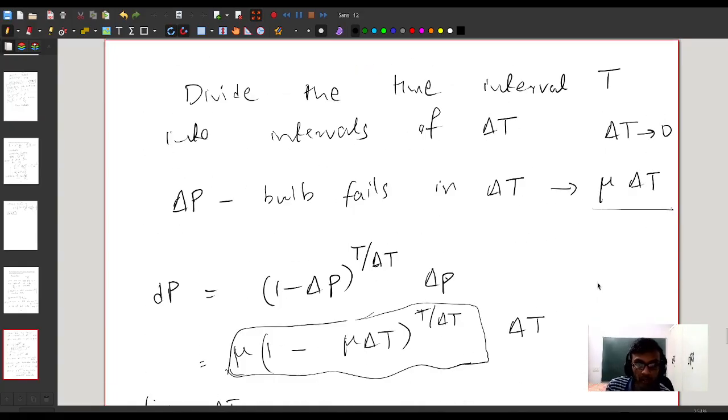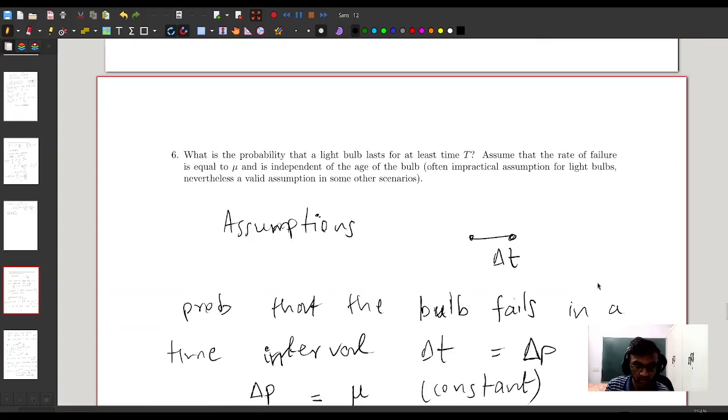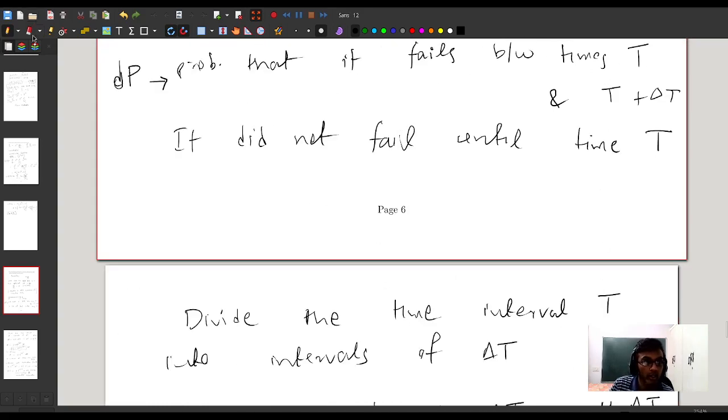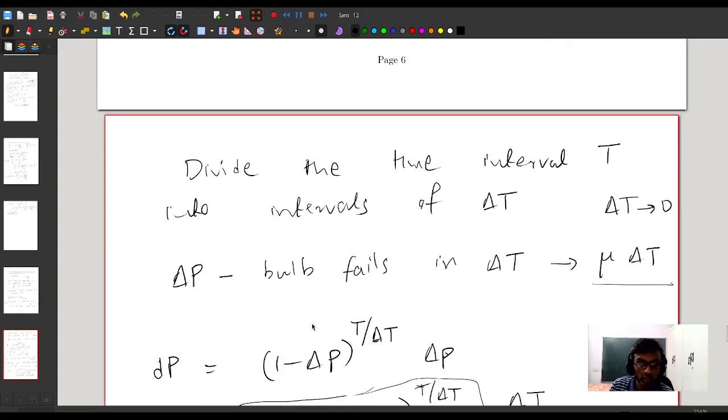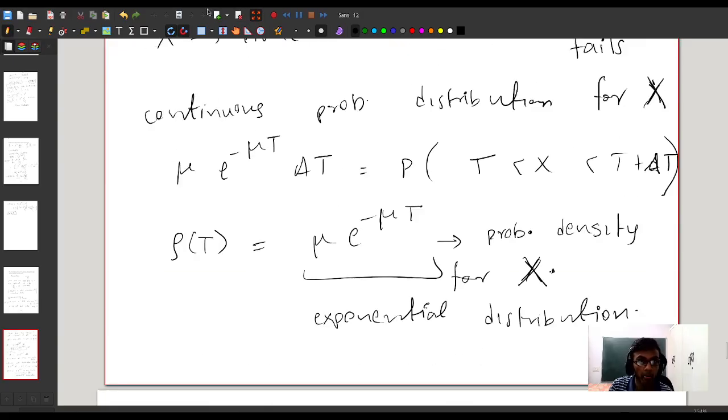Okay, and we're almost there. What we have to find is the probability that the bulb lasts for at least the time t. So it should not die, or the bulb should not fail before time t.